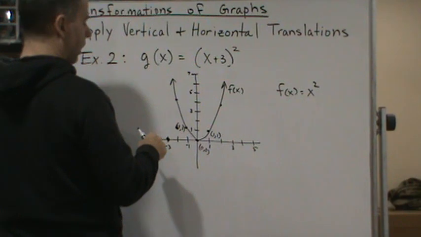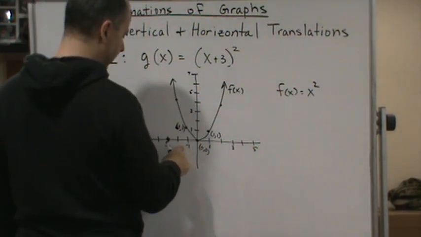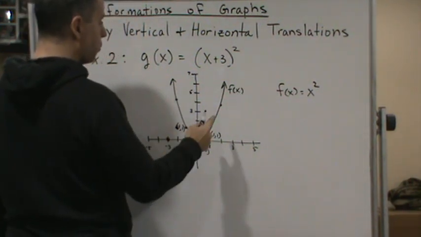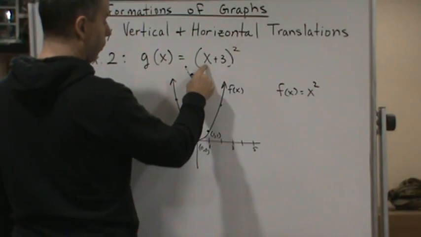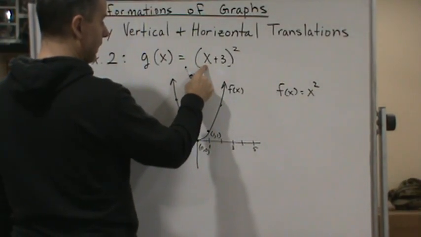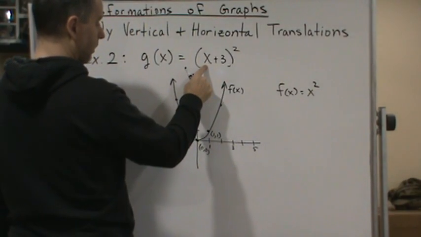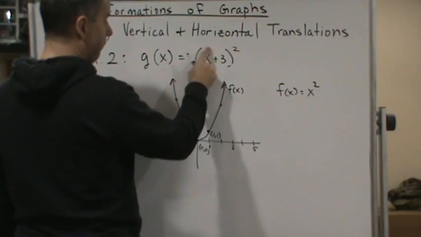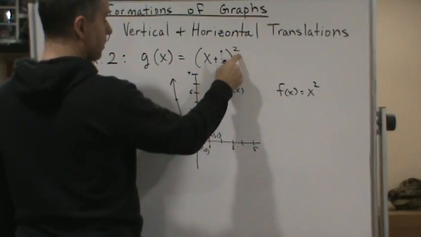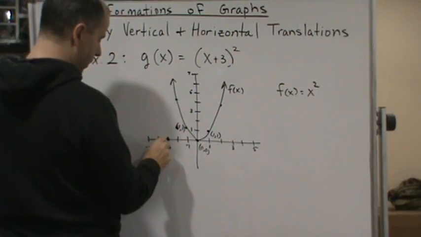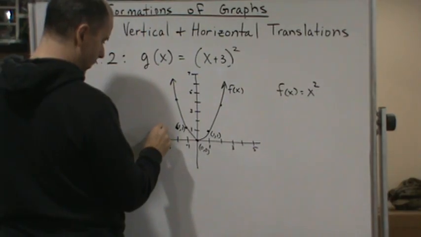Now what about over here, where else do I get 1? Well, when x is negative 4, because at negative 4, I get negative 1 squared, which is still positive. So at negative 4, I also get 1.